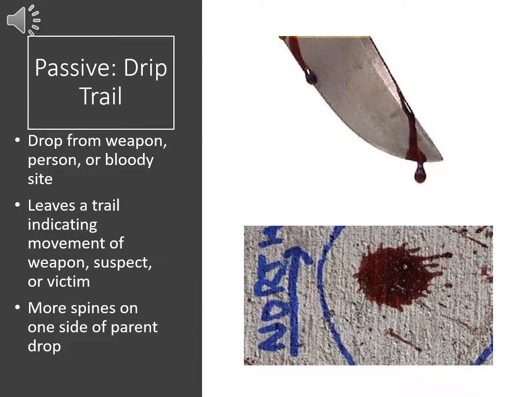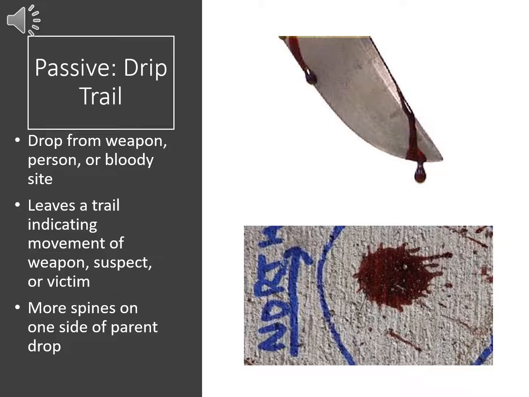So the side with the more excessive drops, if we look at our picture here, the spines there are more on the right side, which indicates if we define north as straight up like the image has there, the person is moving from east to west. That's why the spines are more prevalent pointing in the east direction.